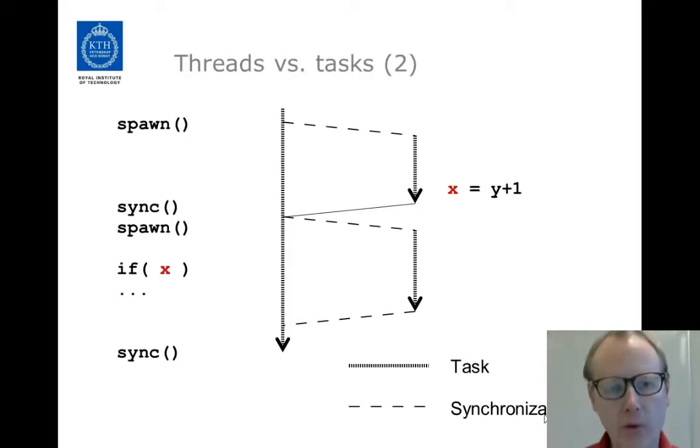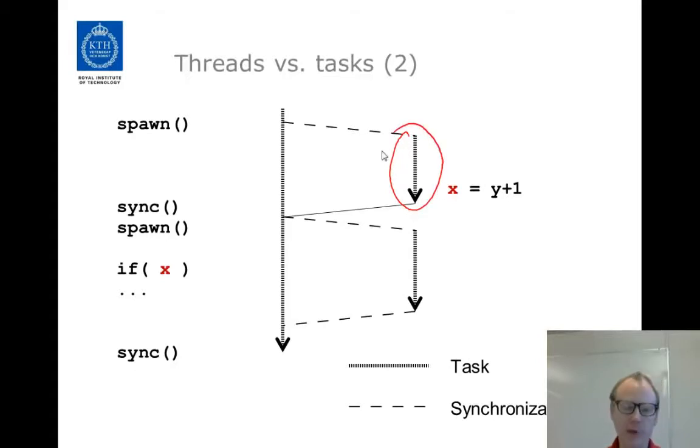In well-programmed task programs, this is not really necessary, because instead of relying on synchronization based on the updating of a variable, you have a task that performs the update of x.